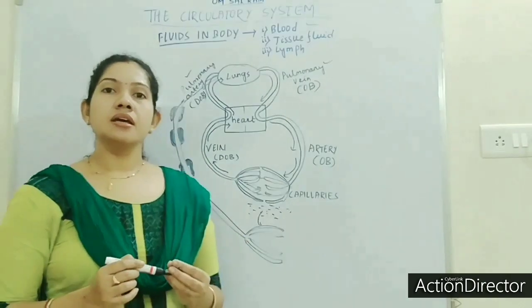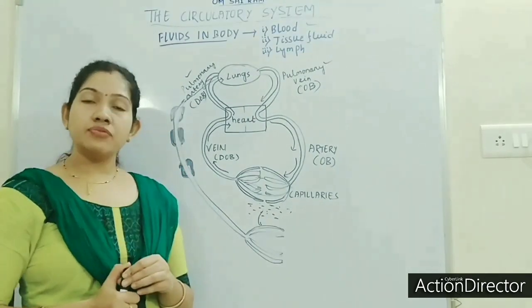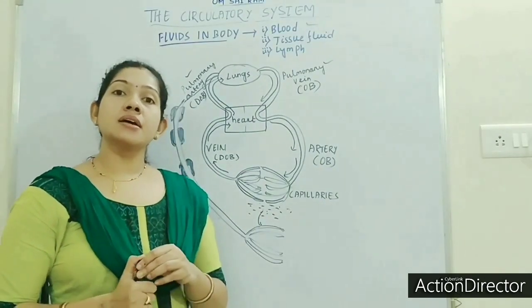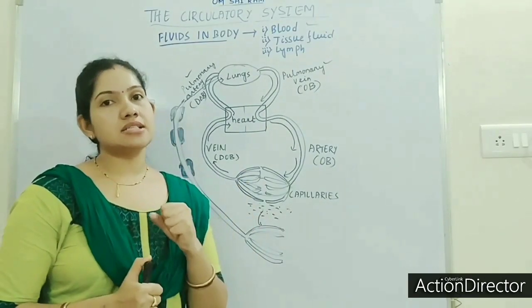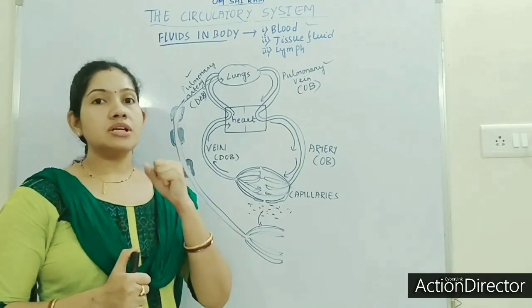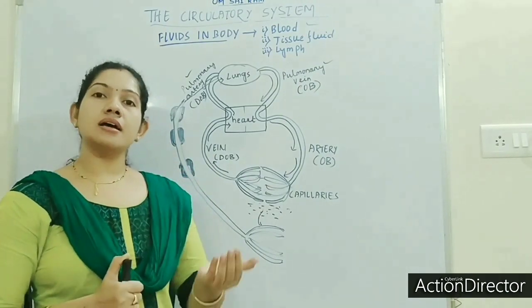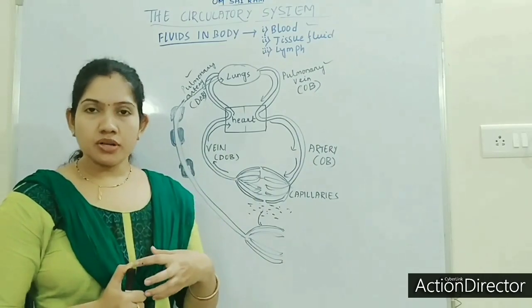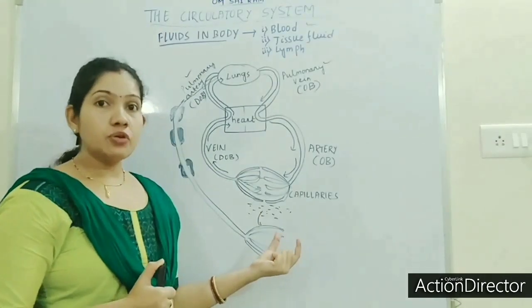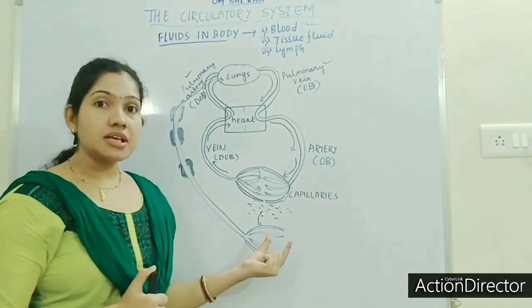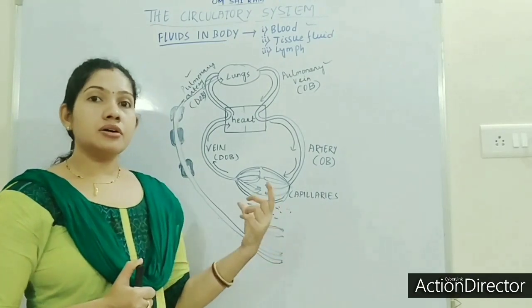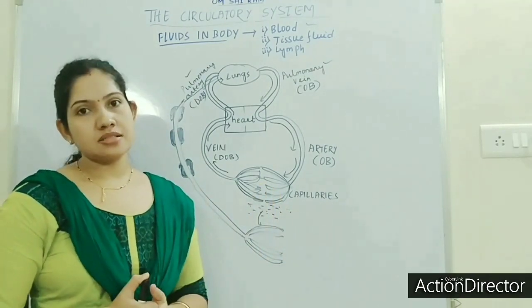Generally lymph is helpful for our body. It fights against antigens or any disease particles present inside our body. The lymph found inside the lymphatic vessels will fight against disease.